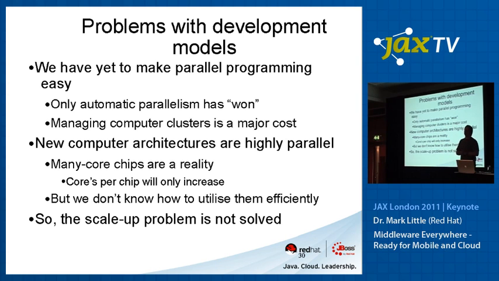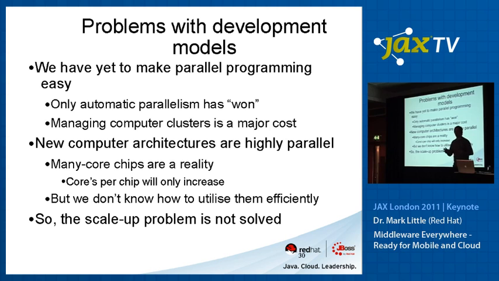The languages that we have today are still not really good enough. It's really hard to write reliable parallel processing applications that can automatically make use of all of the additional processing power that's there.